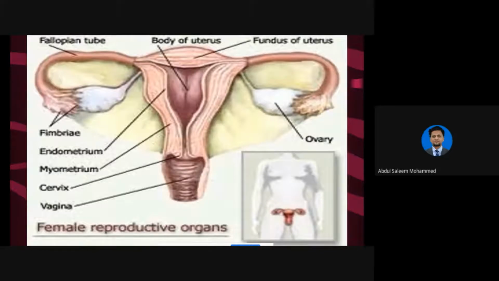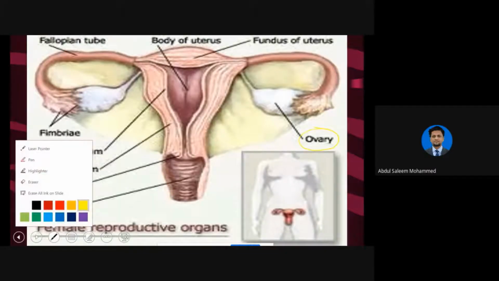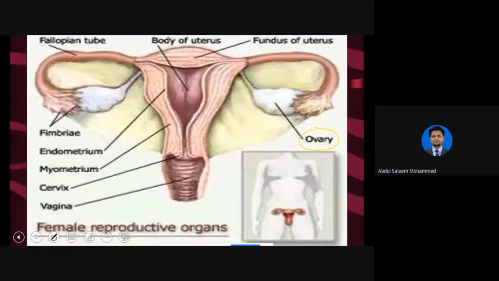Here we have the picture of the female reproductive system. All the parts are mentioned here. Number one part, the primary reproductive organs found in humans, that is ovaries. So here you can find these oval shaped, almond like structures.